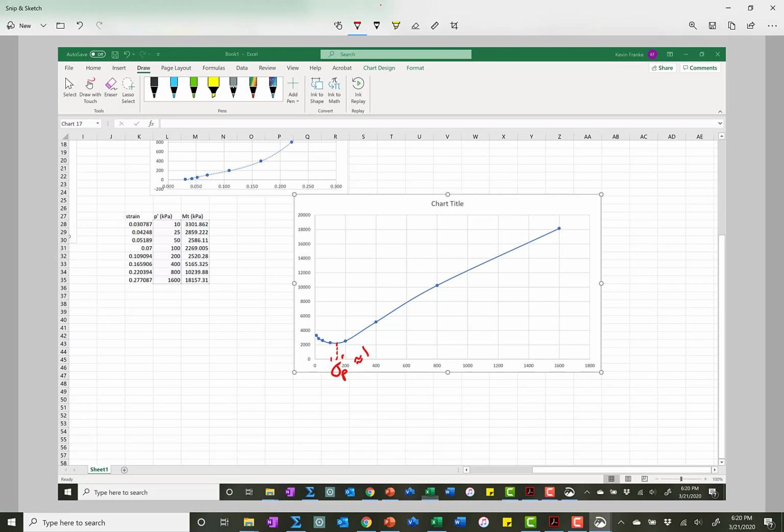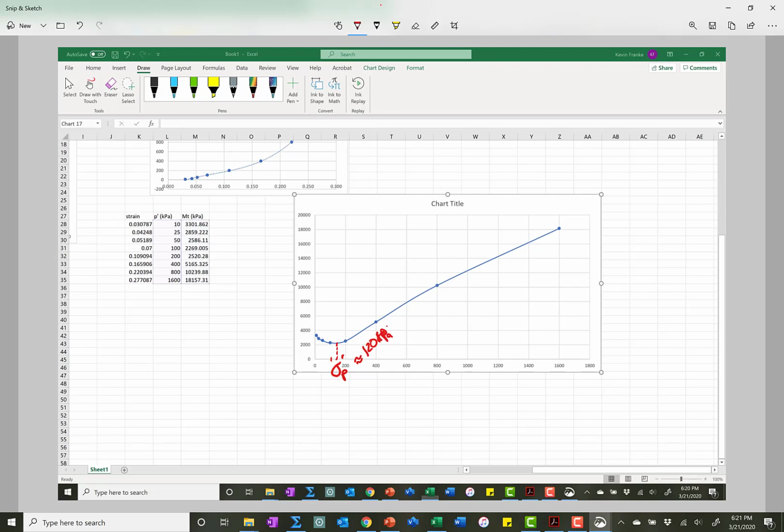It's less than 150. I'd say maybe 125, maybe 120 kPa. But that's how we can automate finding the pre-consolidation stress inside of a spreadsheet.